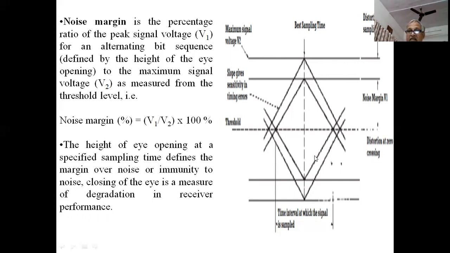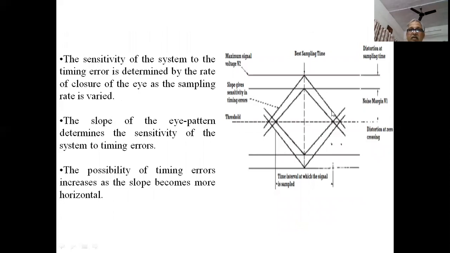The height of eye opening at a specified sampling time defines the margin over noise, or immunity to noise. Closing of the eye is a measure of degradation in receiver performance. This is the noise margin region, so we have this value to tolerate the noise.